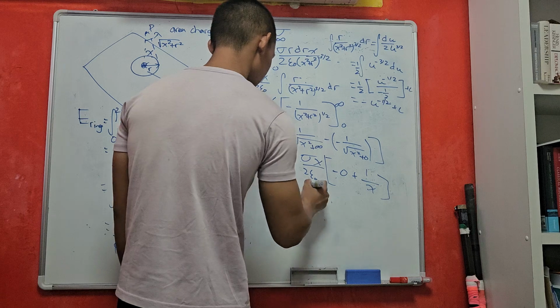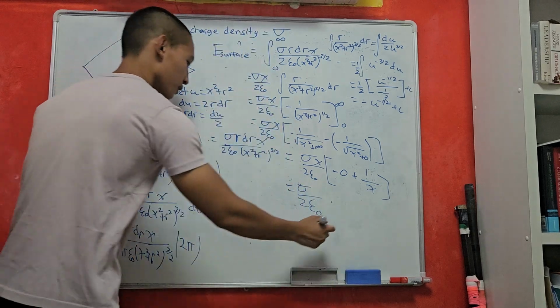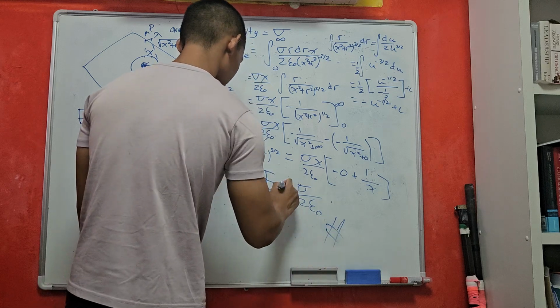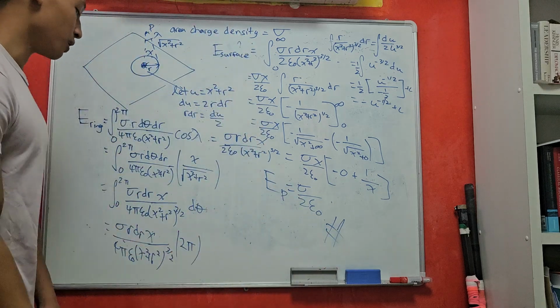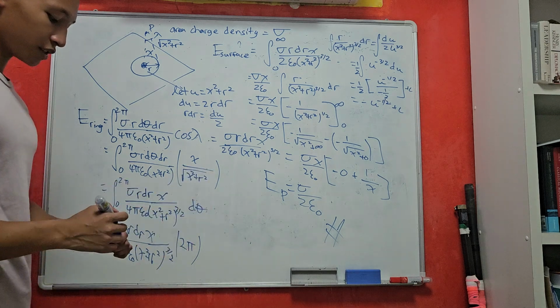So this just gives us sigma over 2 epsilon naught. The electric field at point P is equal to sigma over 2 epsilon naught. So voila, this is the answer to the question.